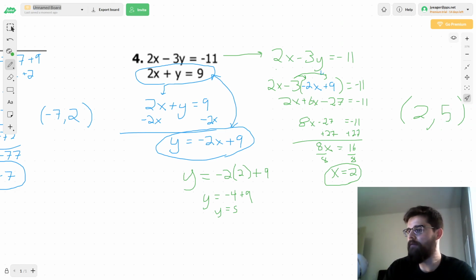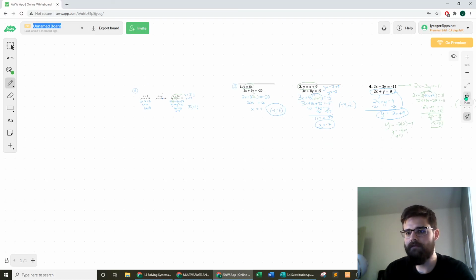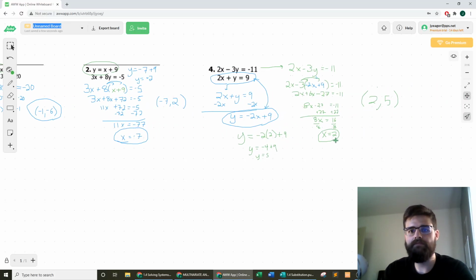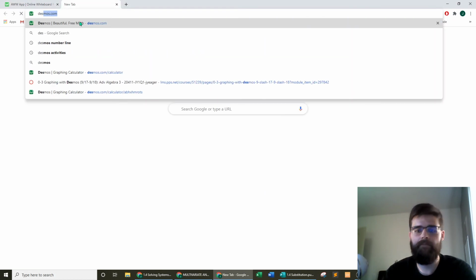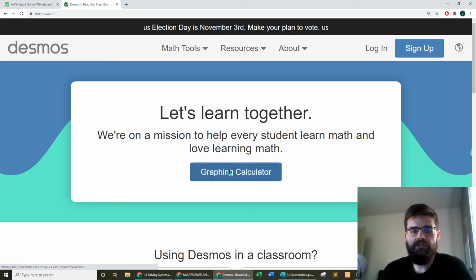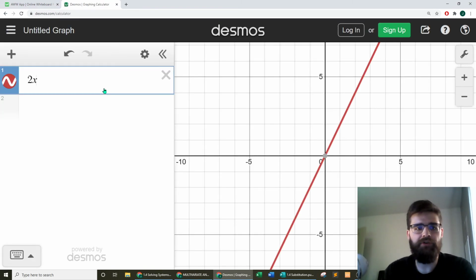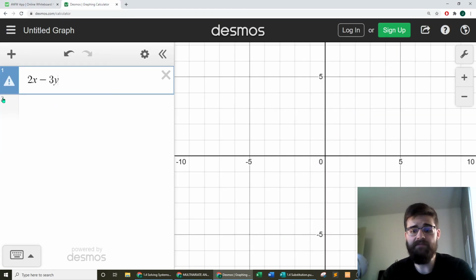Before we wrap up, I want to quickly prove this. Let me get out of full screen here. If we throw these equations into Desmos, we should see the exact same answer. I really encourage you to do this when you're working on your assignment: use Desmos to check your answers.